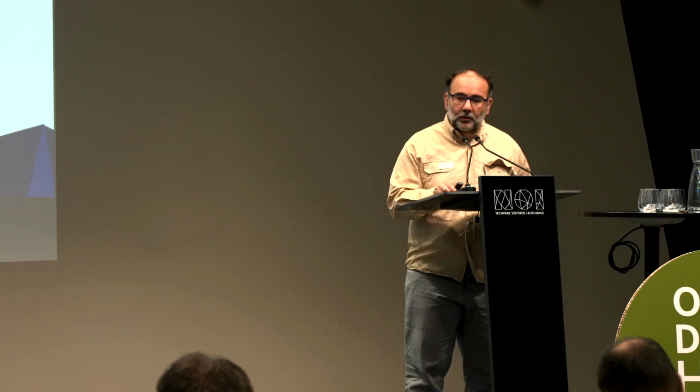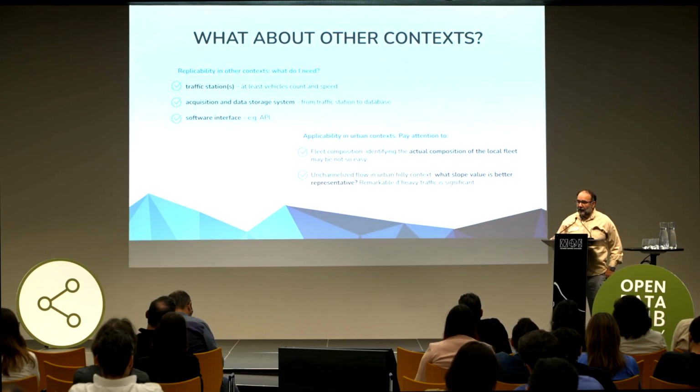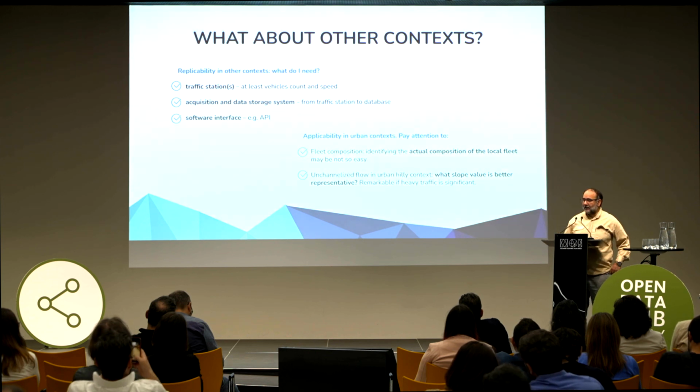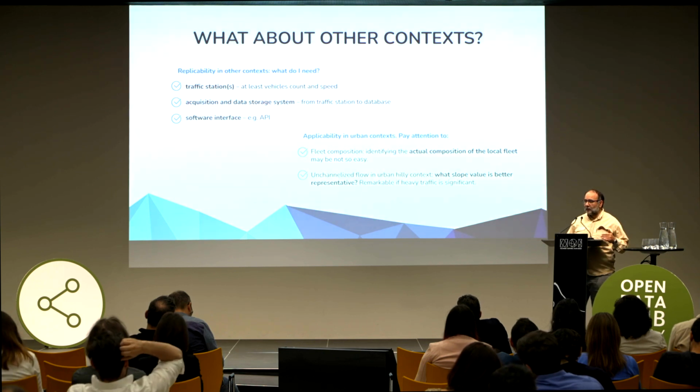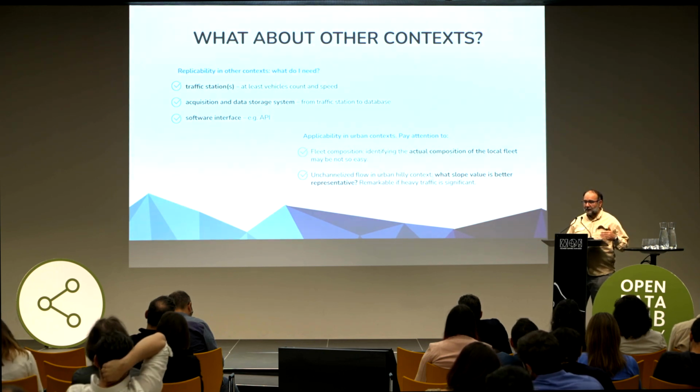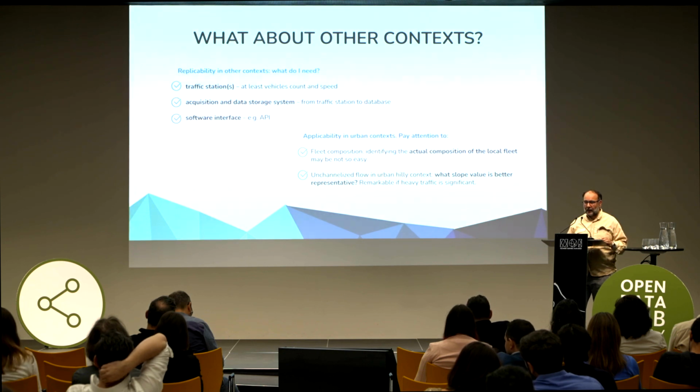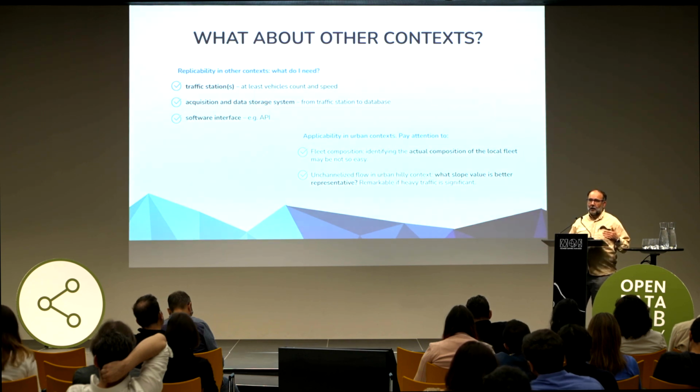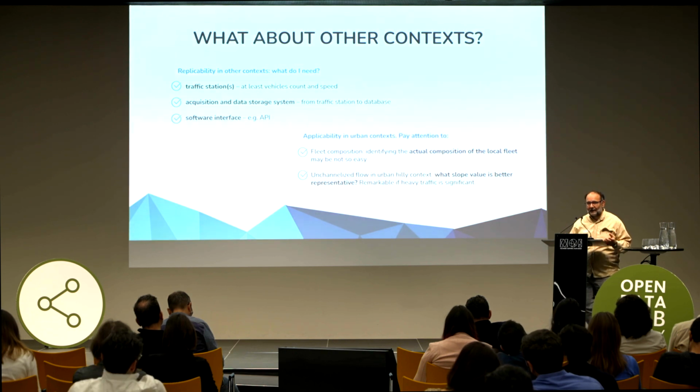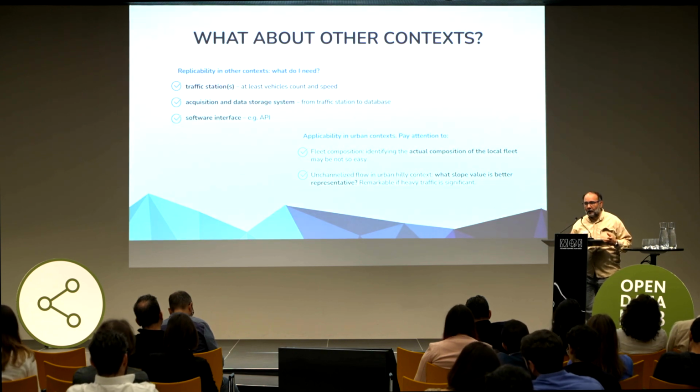What about the context? Can we scale and replicate this? Yes, we can, but with one warning. If we want to replicate this in another street network or on another highway, we obviously need traffic stations, and they typically are already on site. The only problem is that data are typically closed, or they are stored but not shared.